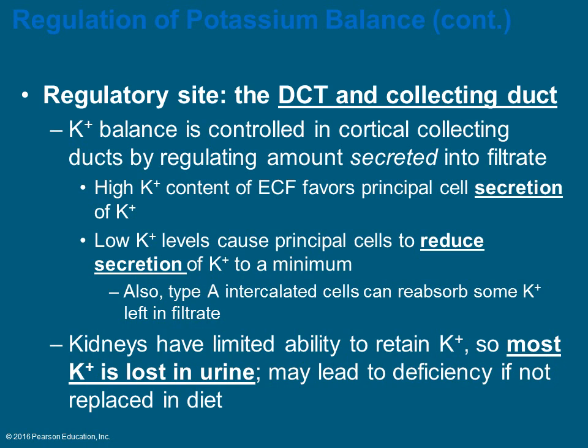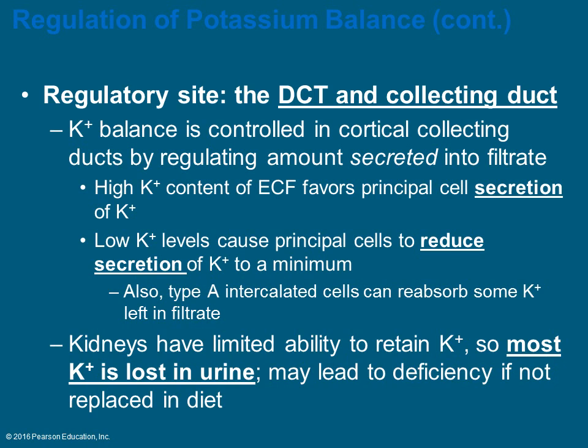The distal convoluted tubule and the collecting ducts, this is where you're going to see a lot of the control for the potassium levels. If high potassium levels or concentrations are in the extracellular fluid, you tend to see the secretion of potassium. At lower levels, you tend to reduce the amount of secretion.